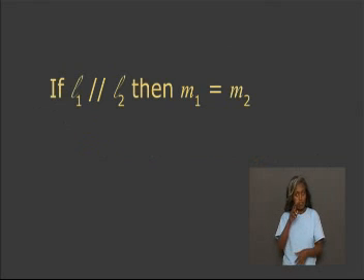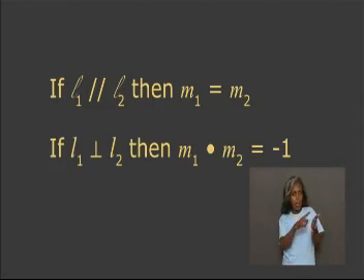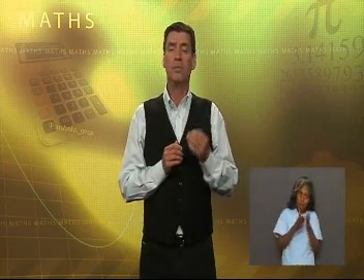If 2 lines have the same slope, they are parallel. If the product of the slopes of 2 lines is negative 1, the lines are perpendicular. If 2 lines are neither parallel nor perpendicular, then they must intersect at some point that does not form a right angle.